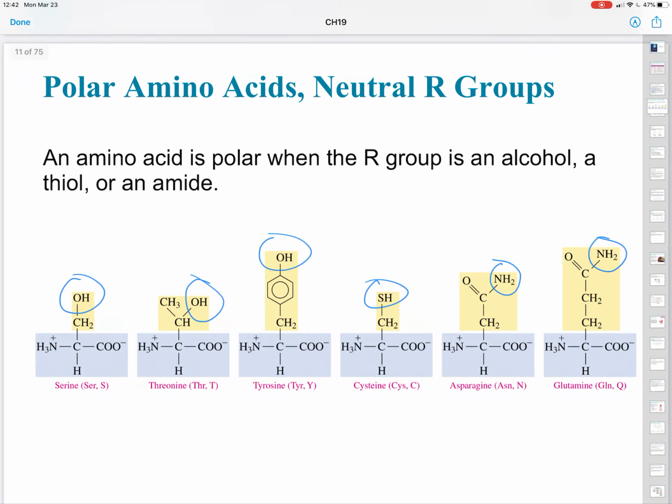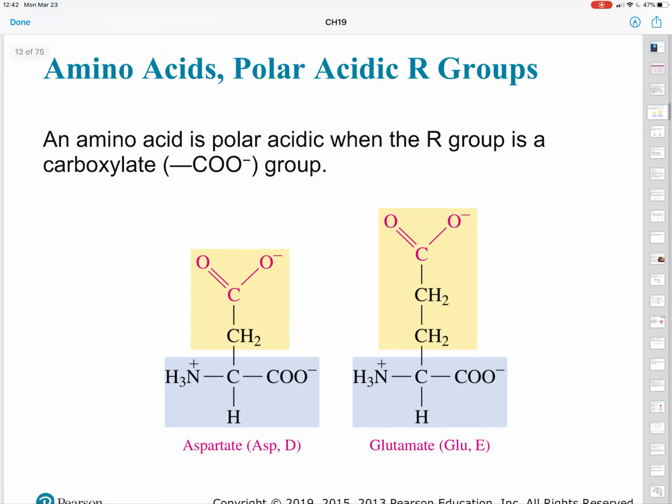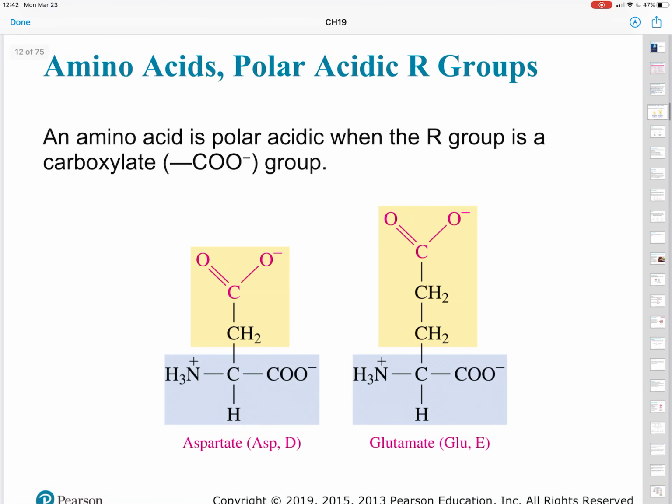And then our polar charged. So we've got 2 classes. We've got the acidics. These 2 have carboxylate side groups, and at neutral pH or physiological pH, they are charged. In the lab, under really acidic or basic conditions, of course, we can get those to change.